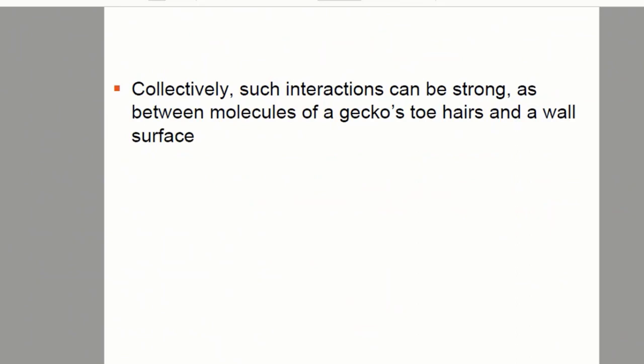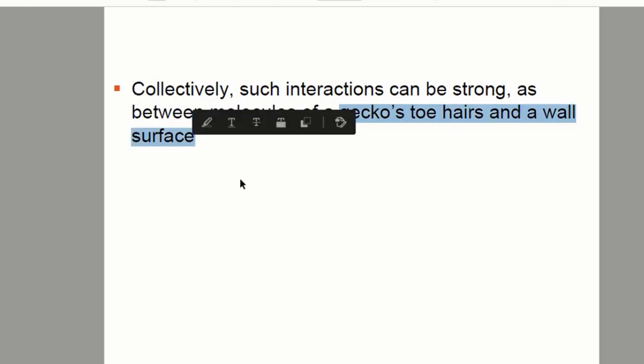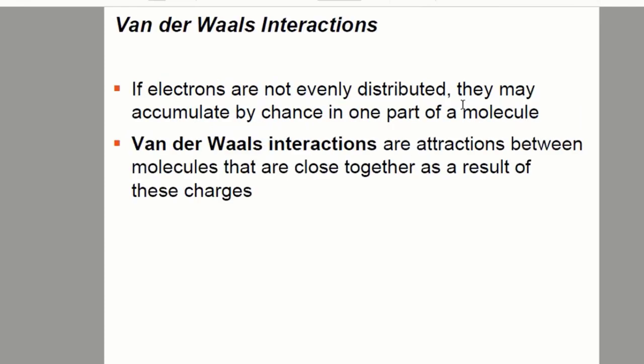Collectively, such interactions can be strong, as between molecules of a gecko's foot and a wall surface. That's just an example. He might request you to give an example, or say describe what van der Waals interactions are.